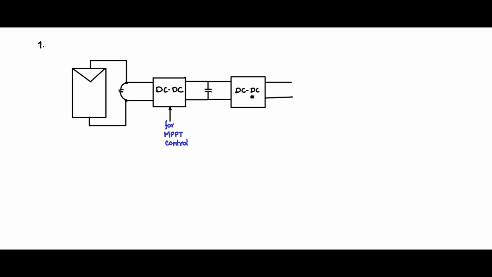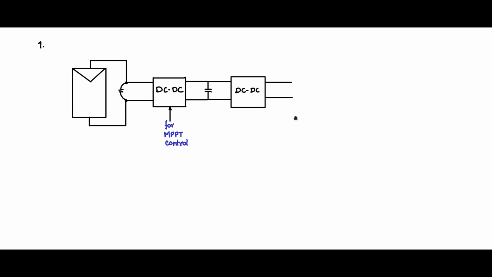So the job of this other DC-DC converter is to control the output voltage on the downstream side. The job of this DC-DC converter was supposed to control the input impedance for maximum power point tracking. So each of these DC-DC converters is doing different functions.